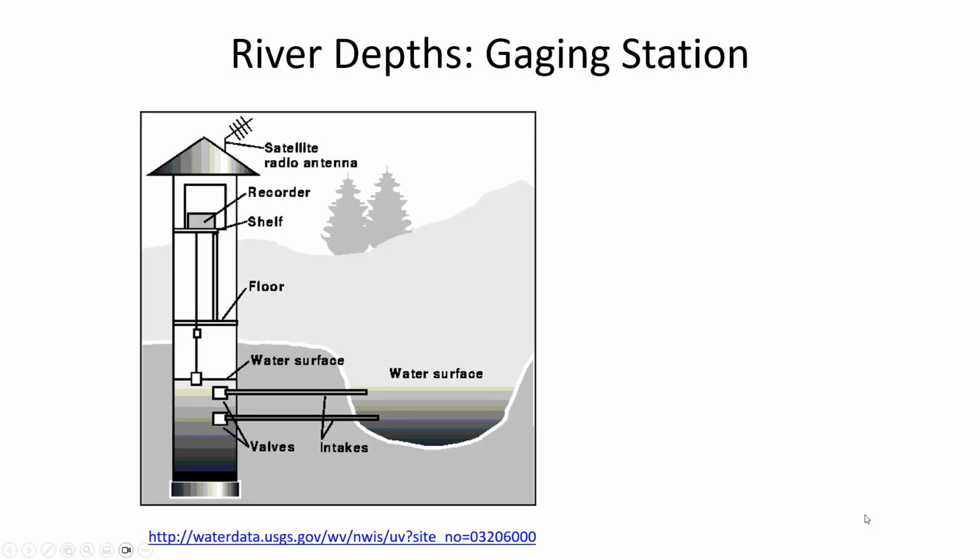So water can be measured directly at locations where there's a gauge. Gauges are very expensive to operate. Anybody have a guess of how many stream gauges there are in the state of West Virginia? I mean, real stream gauges where somebody's maintaining them regularly, where the data is being consistently recorded.